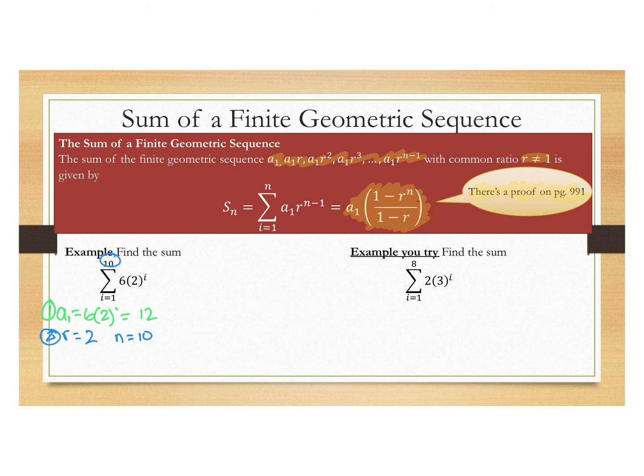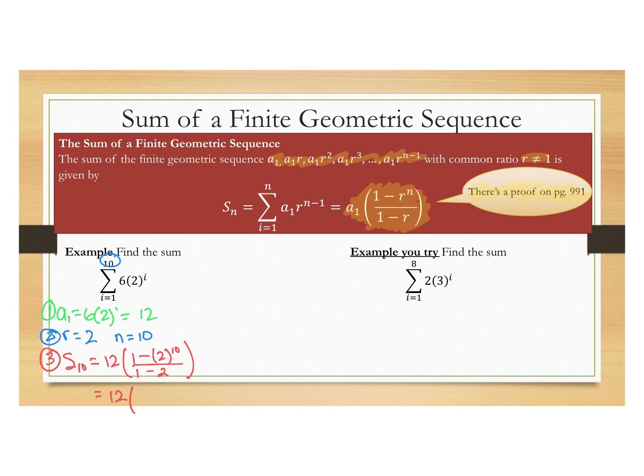The next thing we'll do is we'll actually find the sum. So the sum of the 10 terms is equal to our first term times 1 minus our common ratio to the nth power divided by 1 minus that common ratio. And then we can go straight to a calculator. If you aren't comfortable with that, you can simplify as we go.